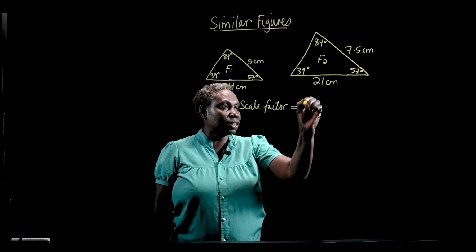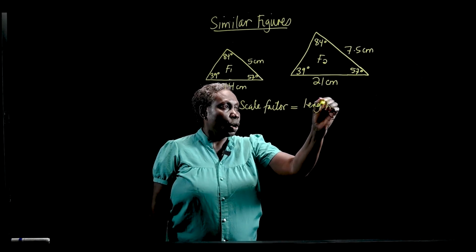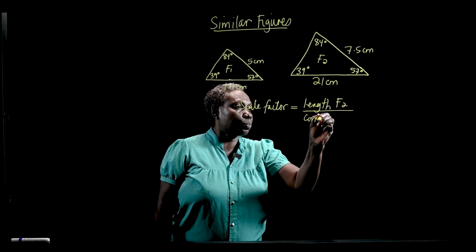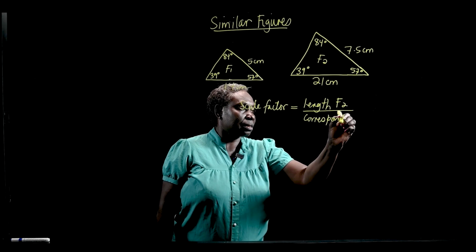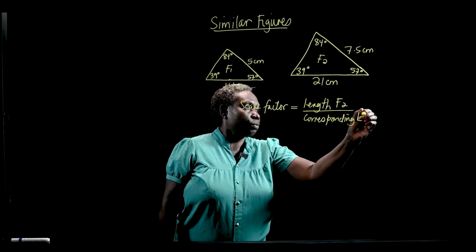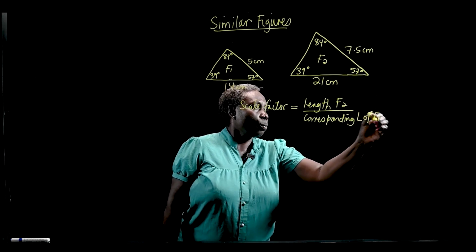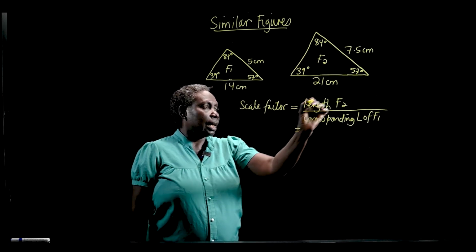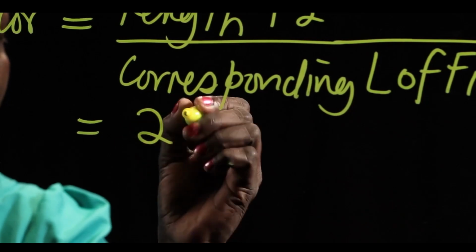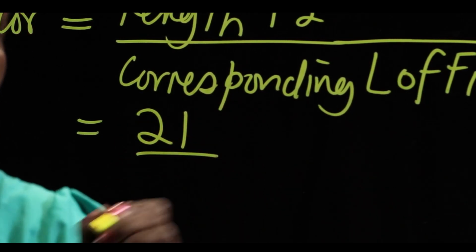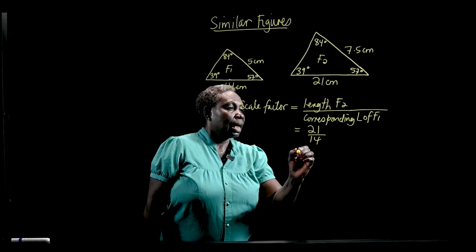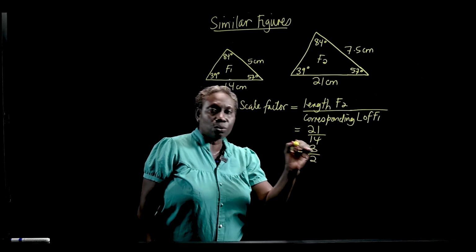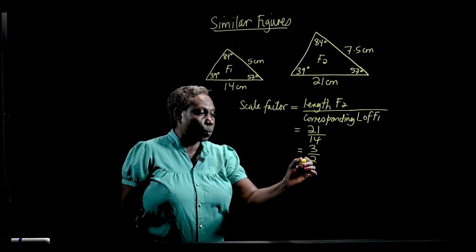The scale factor is always equal to the length of figure 2 divided by the corresponding length of figure 1. So in this example, 21 over 14 is equal to 3 over 2.